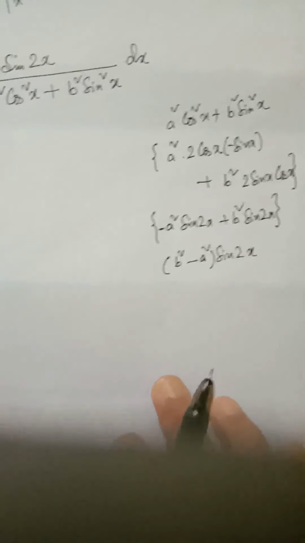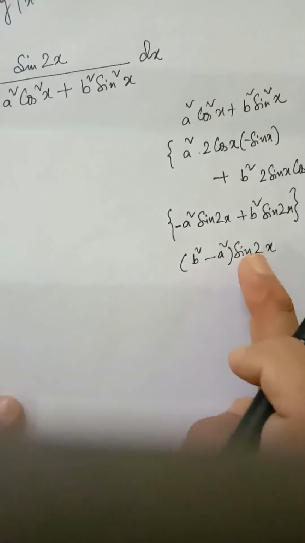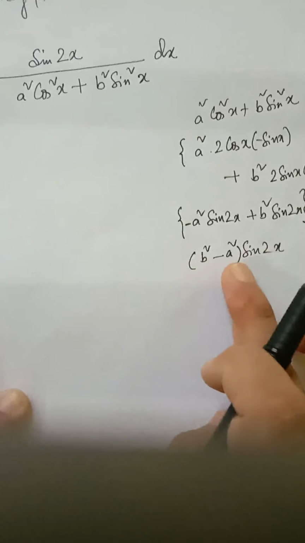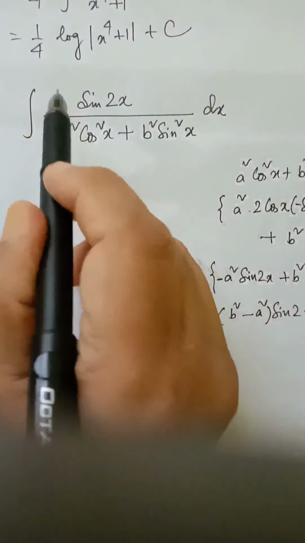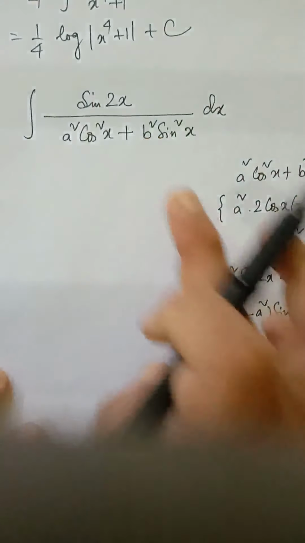So now what we have observed, the derivative of the denominator is sin 2x into b square minus a square, and b square minus a square you can easily bring in the numerator by multiplying numerator and denominator by b square minus a square. So its derivative is almost there in the numerator.